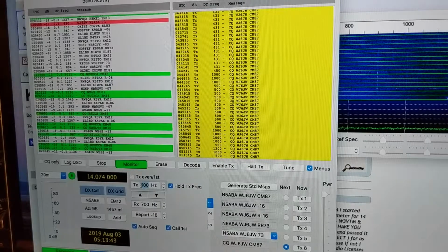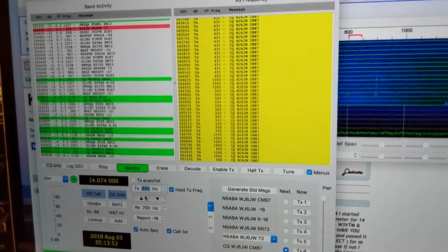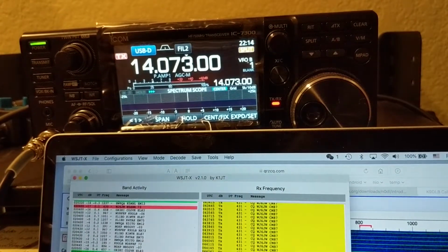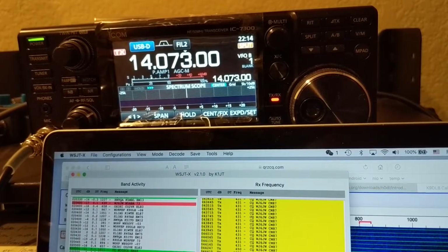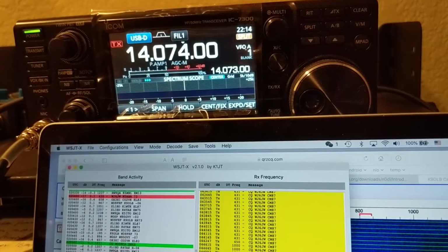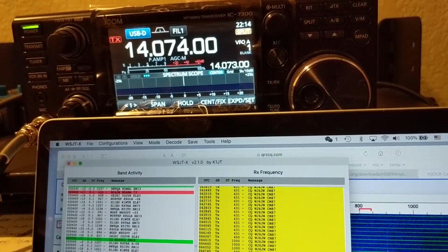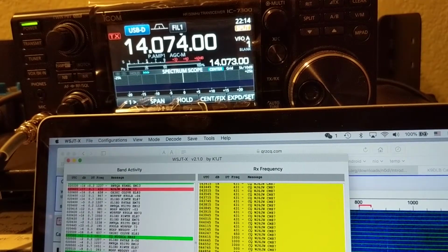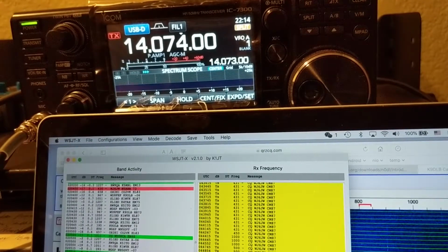We know this value is 0 all the way to 1250. Let's do 800. Okay, do a transmission. Same. So 800 is 14.07 megahertz. That's the actual number.